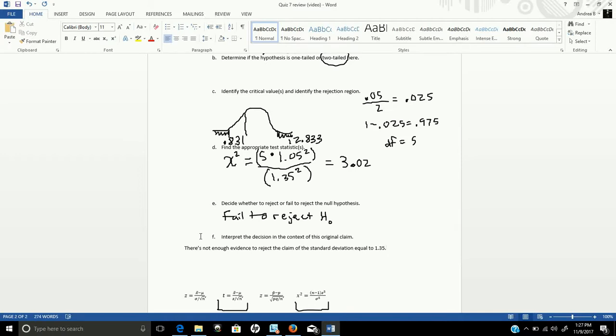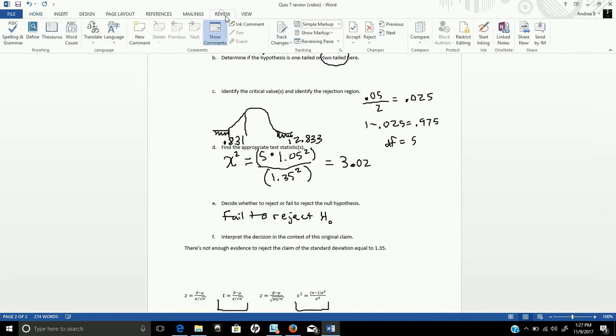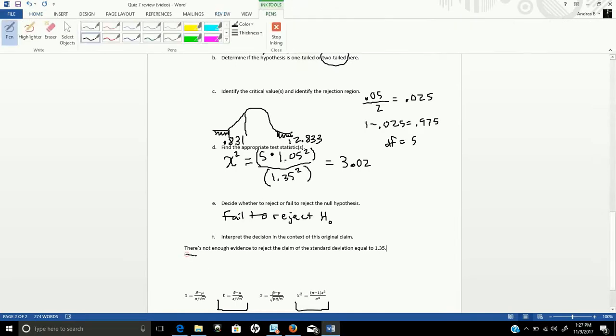And once again, the most crucial part that you need to make sure to include here with your interpretation is that there is not enough evidence to reject the claim is the main part there to include.